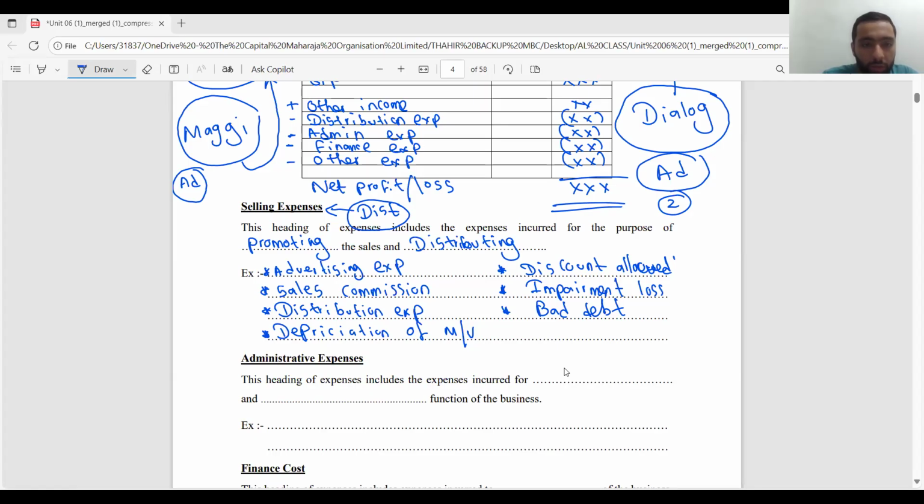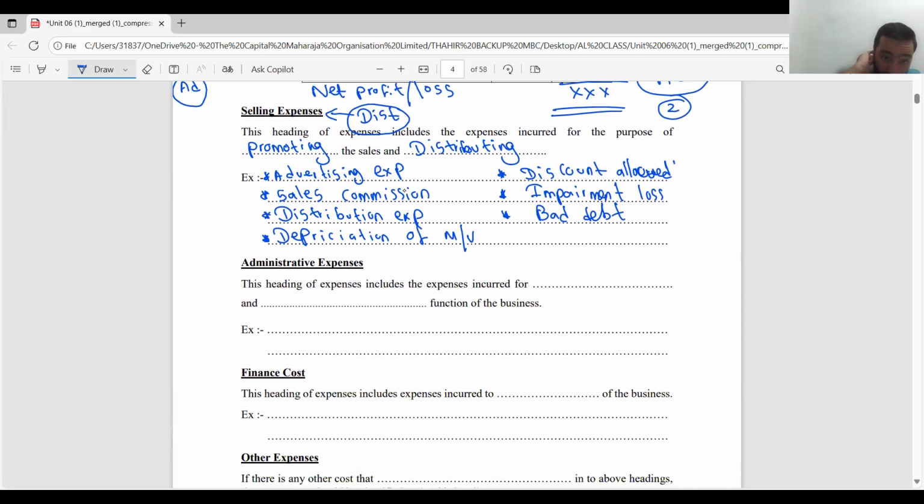Right. Okay. So next we are moving on. Administration expenses. This heading of expenses includes the expenses incurred for administration and maintenance function of business.